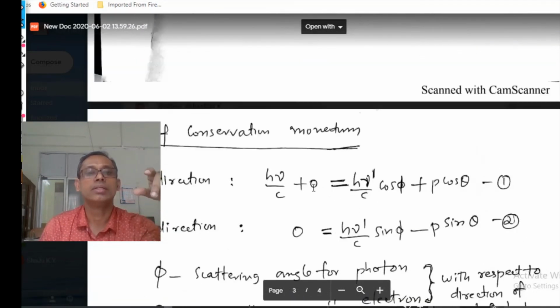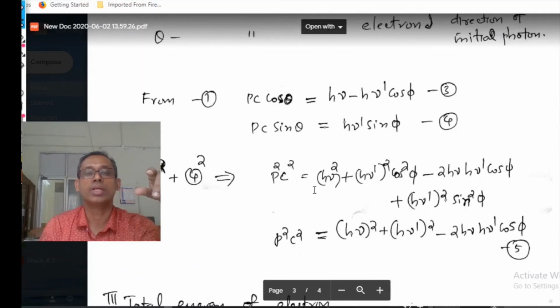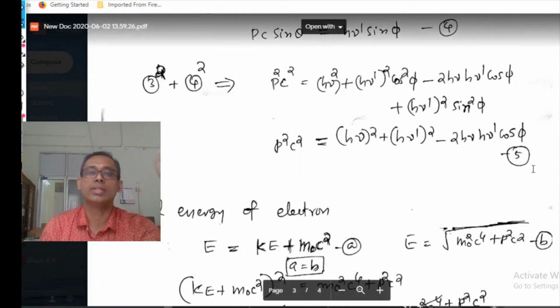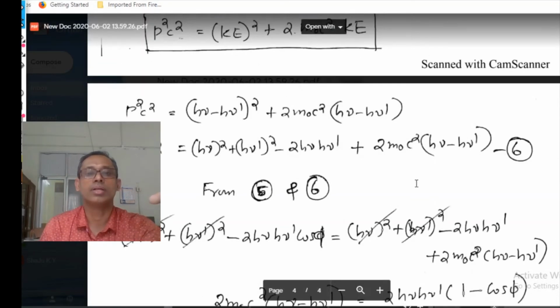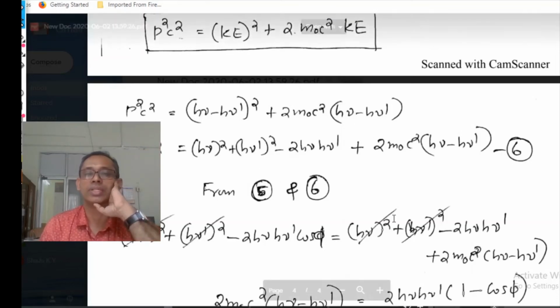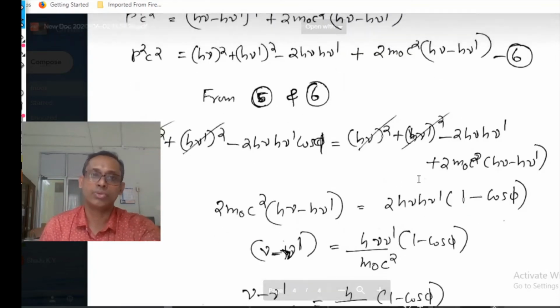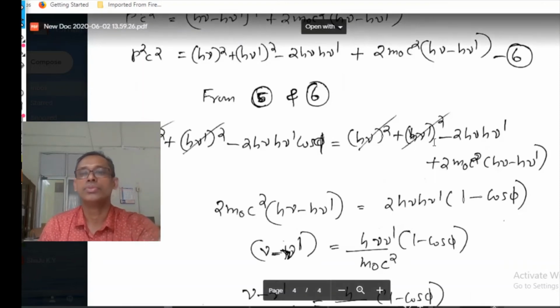So I have this expression for p square c square. Earlier we had got an expression for p square c square, that is equation 5. So these two expressions, 5 and 6, are equal. As I equate them, a few terms will cancel.